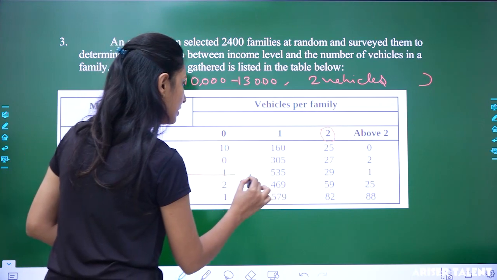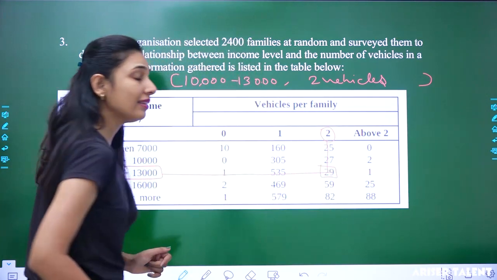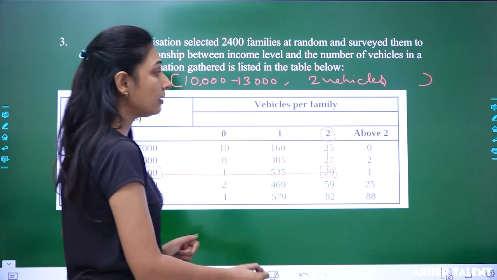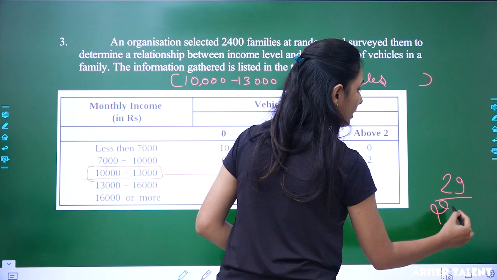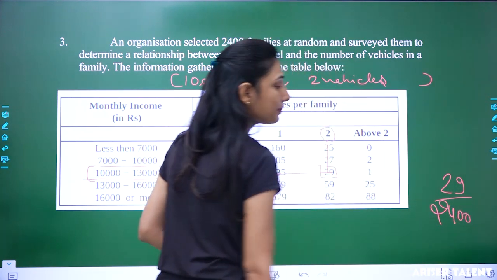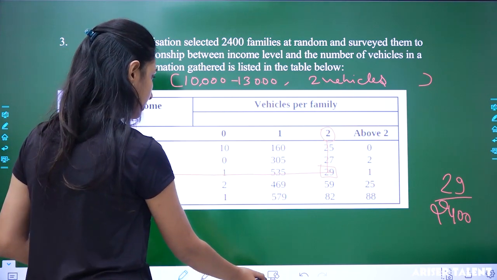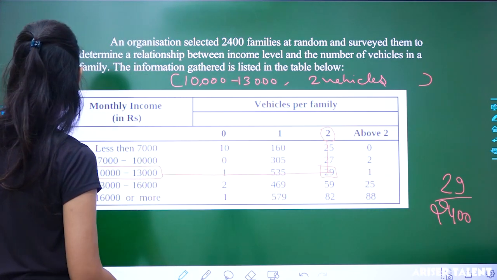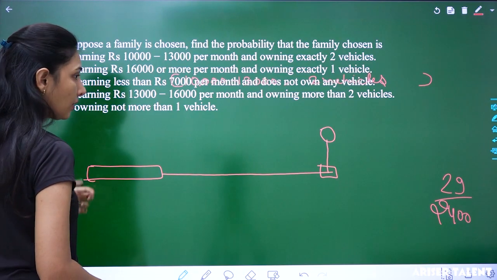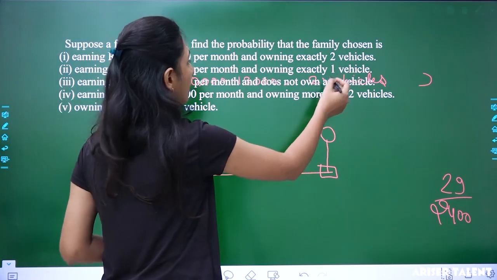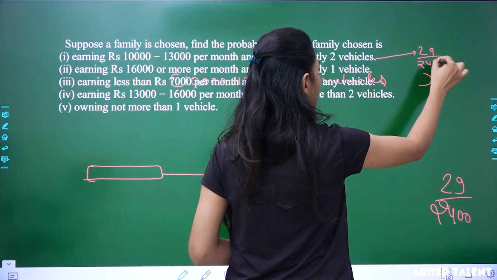So this comes in this category here, and that is 29 to be exact. 29 out of 2400, right? So you are getting it. For the first one, it is 29 by 2400.